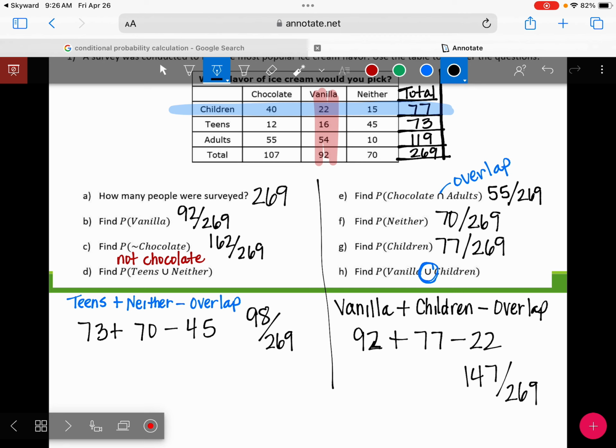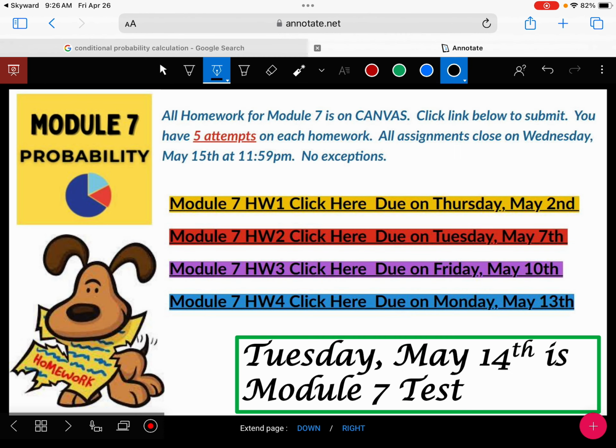Just a reminder for this chapter, if you weren't here yesterday, 100% of the homework is on Canvas. So there is no paper homework. There's no more pink sheet. You don't have to show me anything. Canvas talks to Skyward and the grades go in automatically. It's a beautiful thing. So right now you should be starting on homework 1.